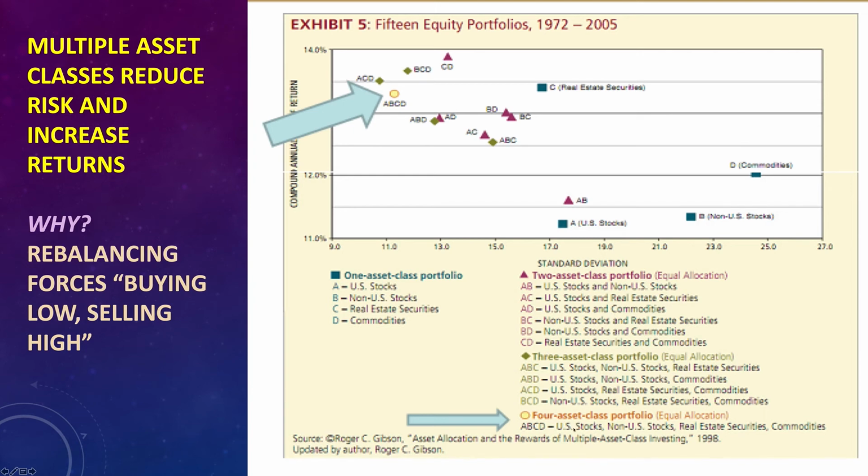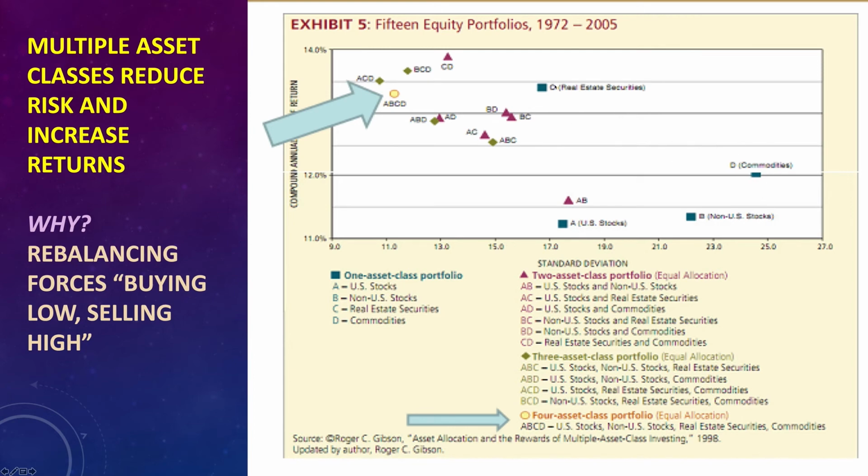And if you had invested in just one of those asset classes, said, I think U.S. stocks are going to do really well, your return over this period of time would have been the lowest. Foreign stocks did better, commodities did better, but with a lot more volatility. Real estate turned out to be the best performing single asset class.